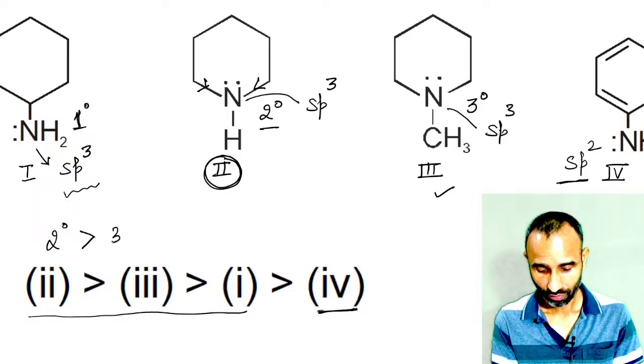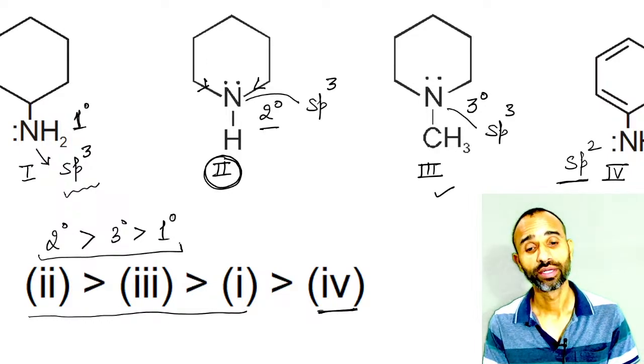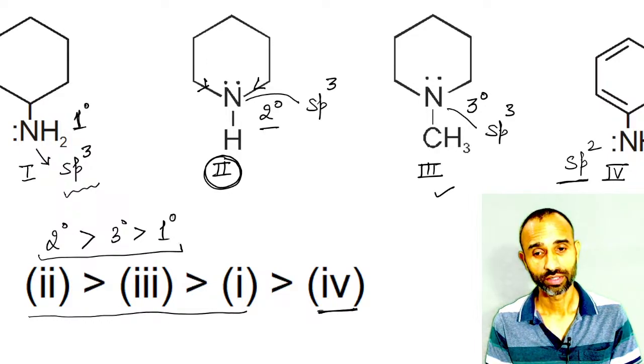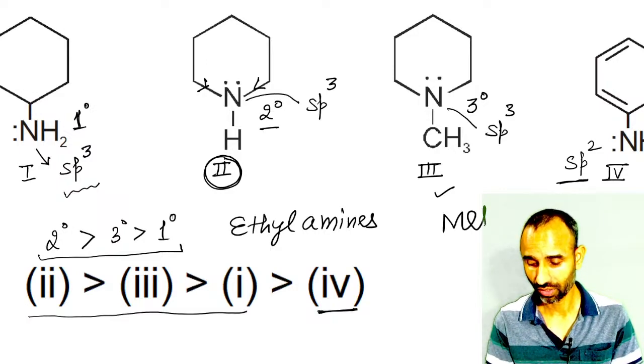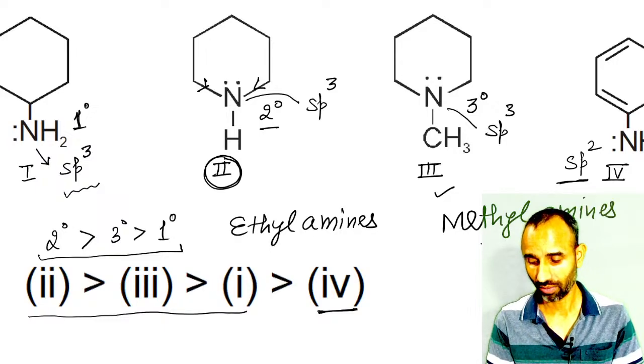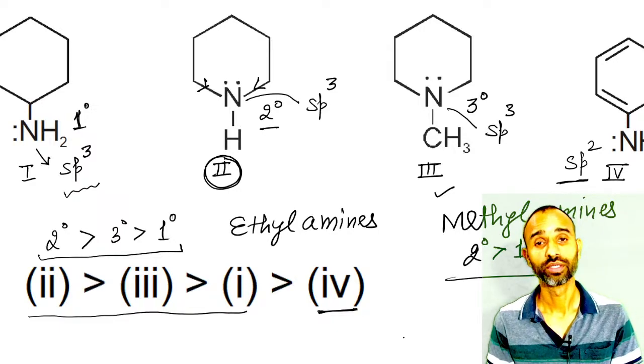Whenever we have bulkier alkyl groups, order is secondary, tertiary, primary. Same is the case with ethylamines. But in methylamines, I have already discussed it. In methylamines, what is the order? Secondary, primary, and tertiary.